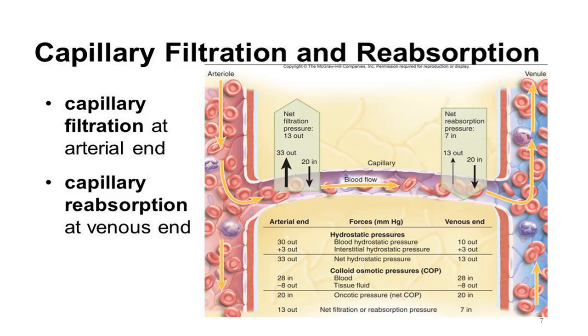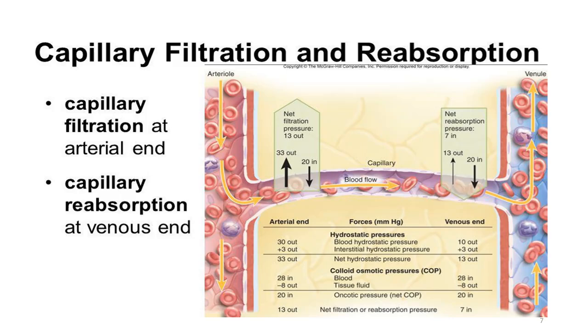And the difference of these two digits, 28 minus 8, is about 20 millimeter of mercury inside the blood. Okay, so the final summation of hydrostatic pressure and colloid osmotic pressure in the arterial end is 30 millimeter of mercury out of the capillary. So that's for the arterial end.